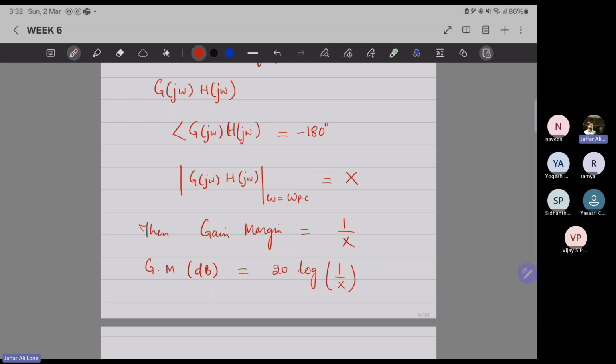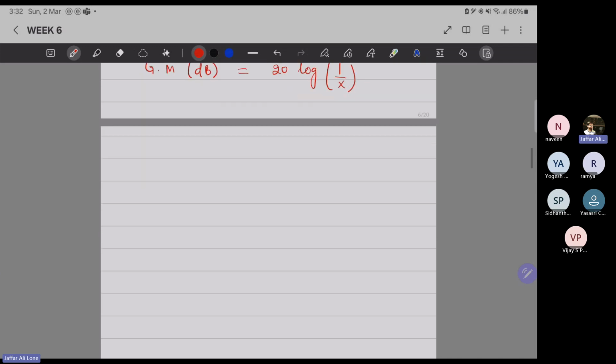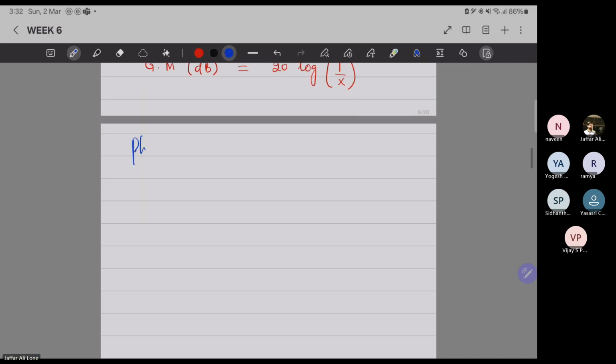Mathematically, we know phase crossover frequency is the frequency at which my phase angle is 180 degrees or minus 180 degrees. And if the magnitude of my open loop transfer function at phase crossover frequency is x, then gain margin is 1 over x, right? And in decibels, we write 20 log of 1 over x, right? Please remember this. Now, similarly, let me define phase margin.